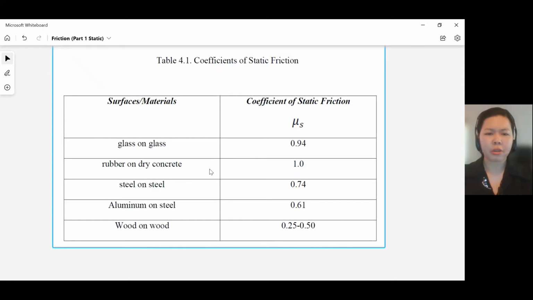Rubber on dry concrete, mu s is 1.0. Steel on steel, mu s is 0.74. Aluminum on steel, coefficient of static friction mu s is 0.61. And wood on wood, the coefficient of static friction is between 0.25 to 0.50.